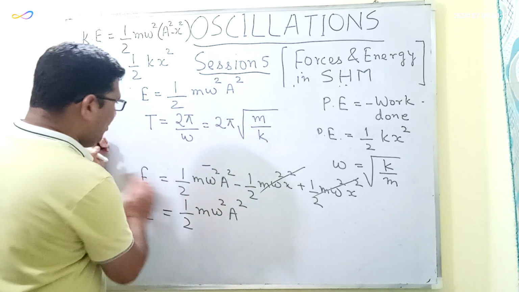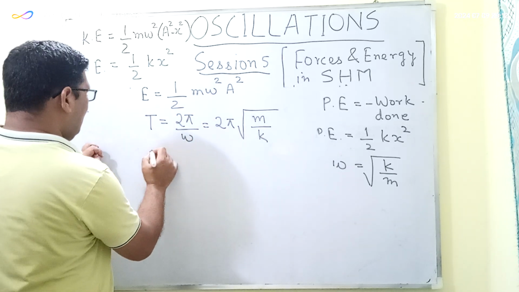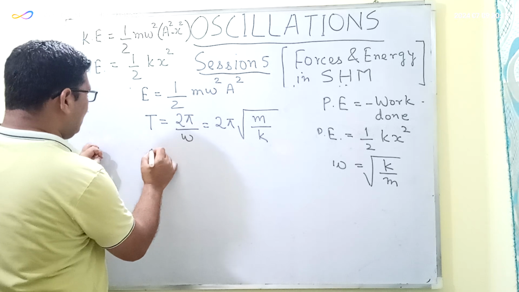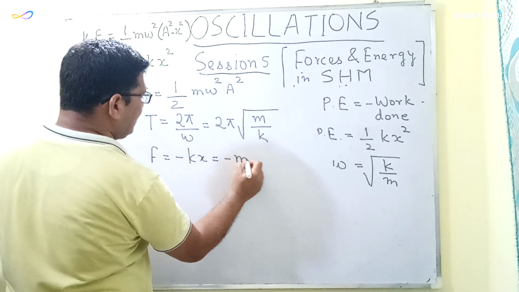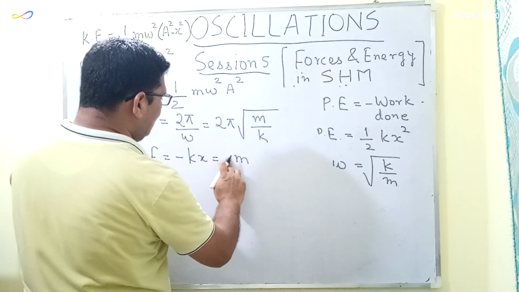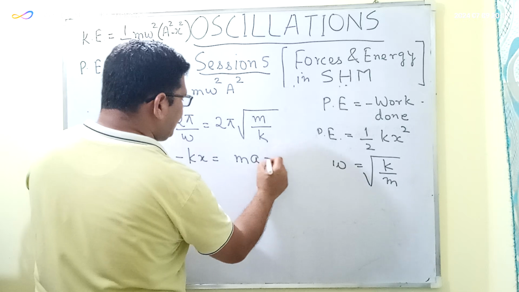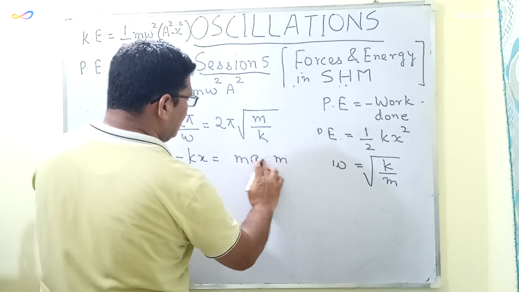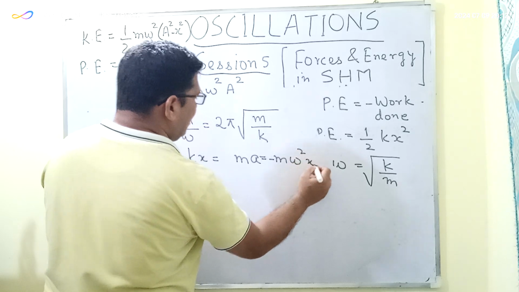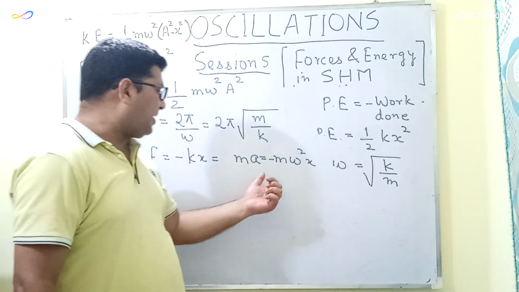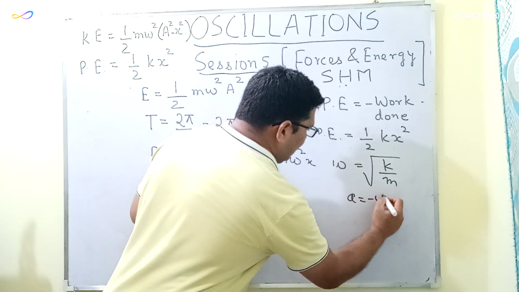Now, third important thing, in the case of a simple harmonic motion, the restoring force is equal to minus kx, and this is equal to m into a, and this is equal to minus m omega square x, because the acceleration of the particle executing simple harmonic motion is equal to minus omega square x.